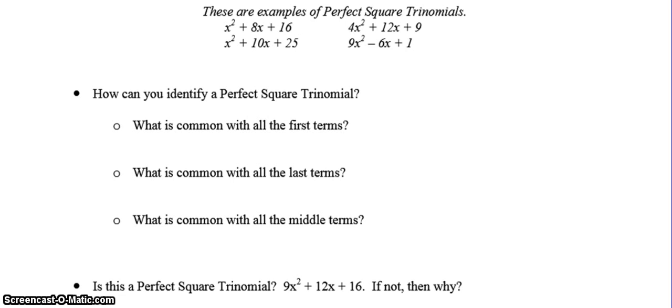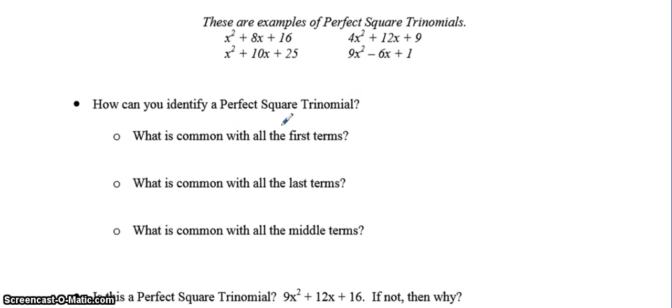So basically, with a perfect square, what is common to all first terms? That first term is 1, that first term is 1, that first term is 4, that first term is 9. They're all perfect squares. What's common with the last terms? 16, 25, 9, and 1.